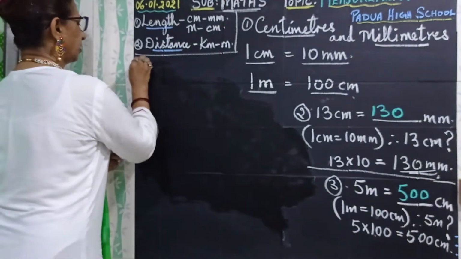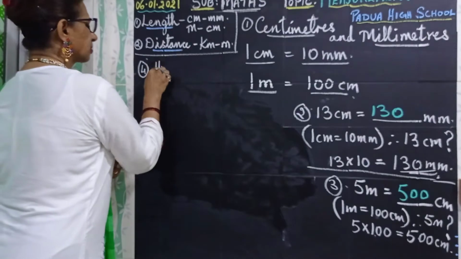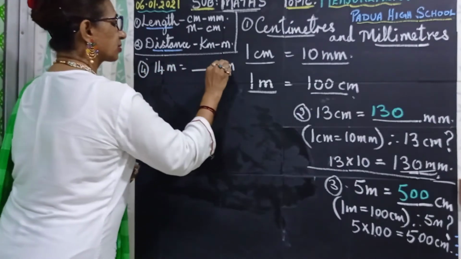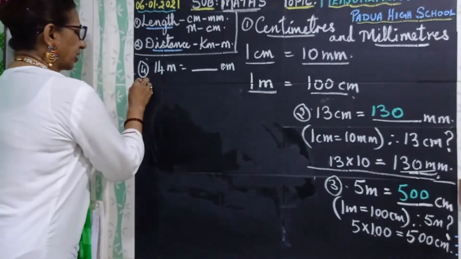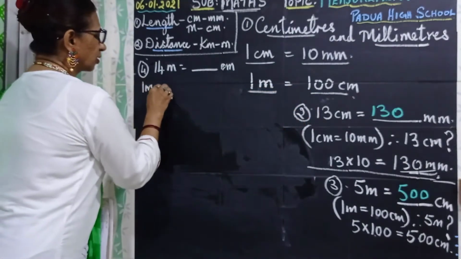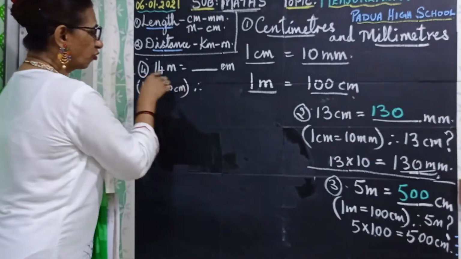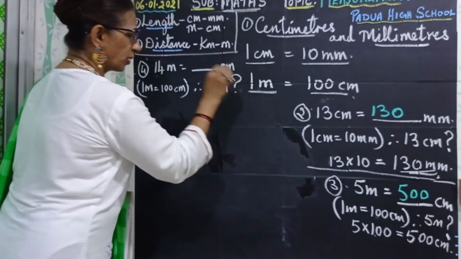Now if we say, children, I have 14 meters is equal to dash centimeters. Okay, so 1 meter is equal to 100 centimeters. So I have to write that here: 1 meter is equal to 100 centimeters. Therefore, 14 meters is equal to how much?